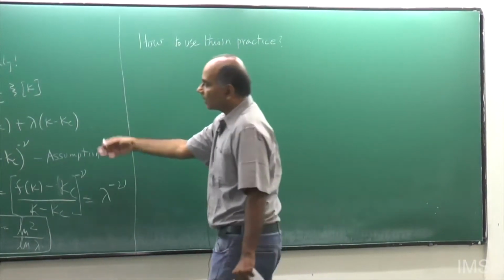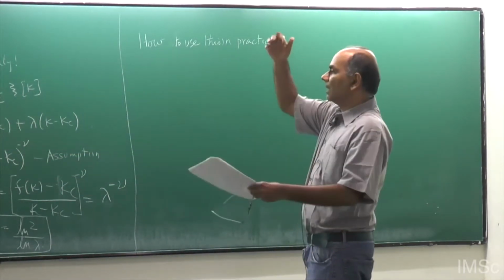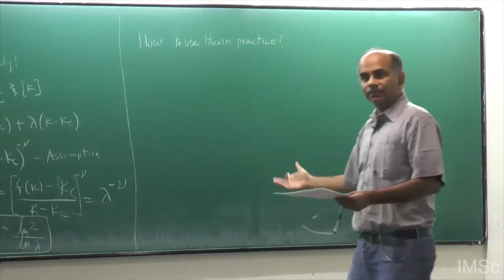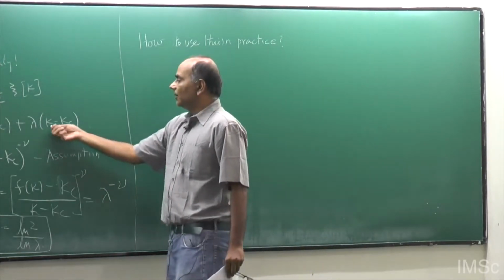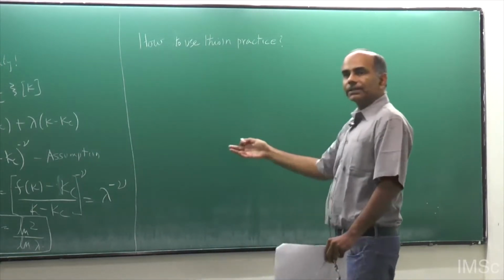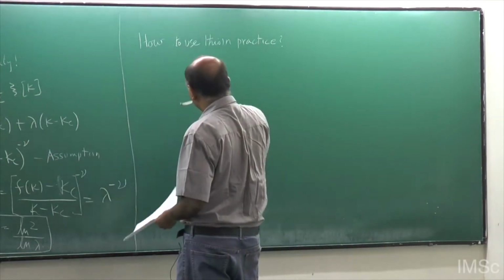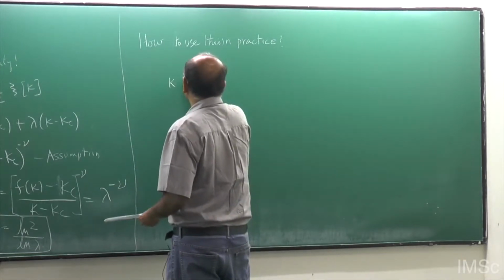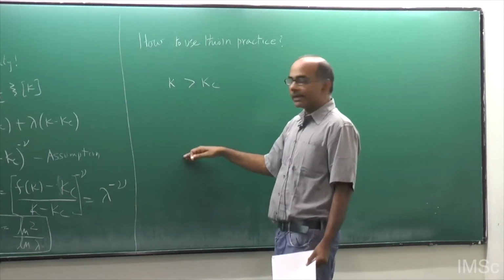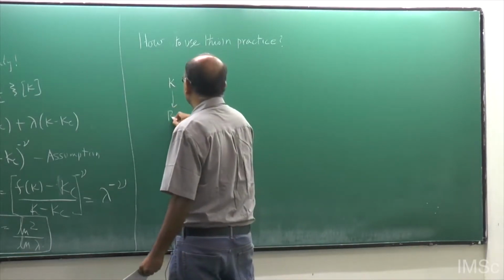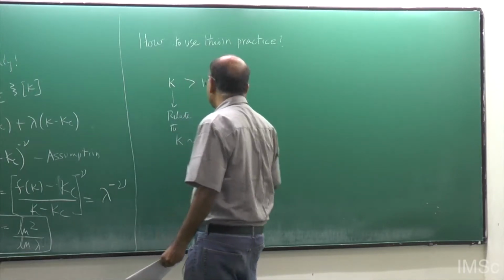The idea is that when you do this blocking, your k changes quite a bit. So the k before blocking and the k after blocking are very different. So you can relate k that is very near kc to k that is far from kc by this scheme of blocking. So if you have k much greater than kc, you can do a blocking and relate it to k near kc.